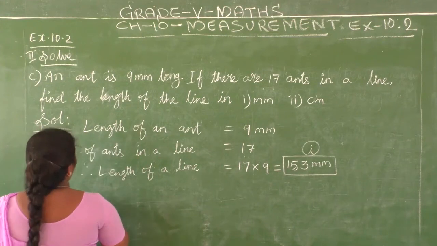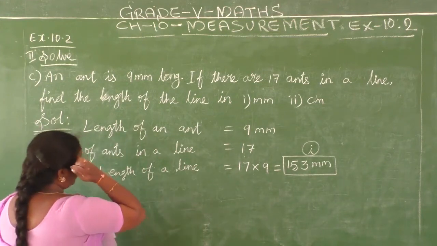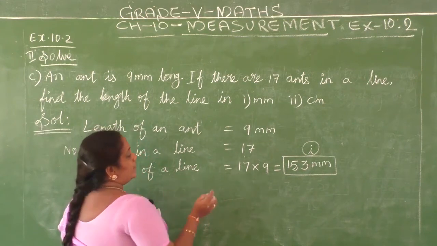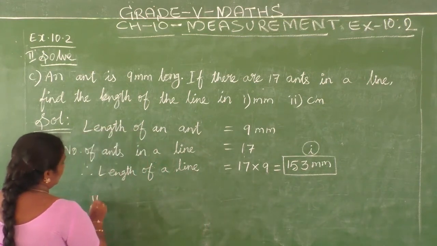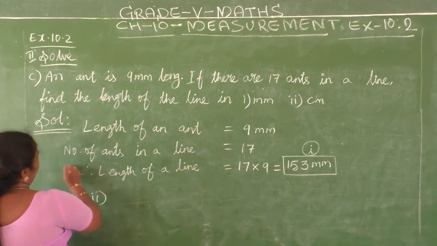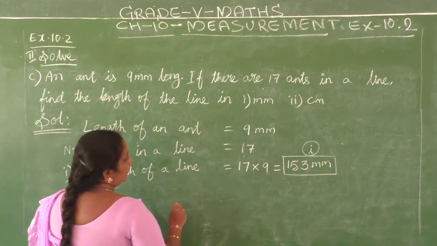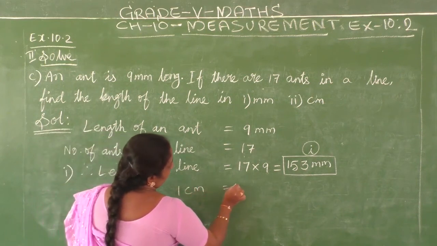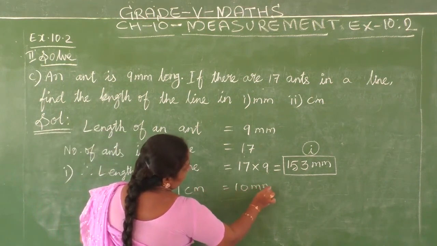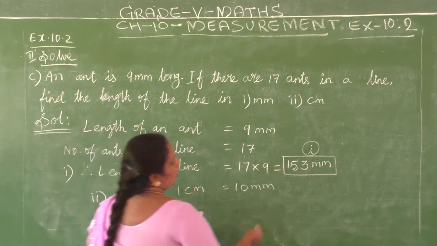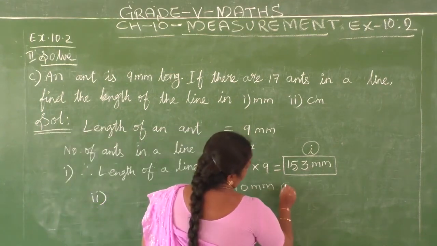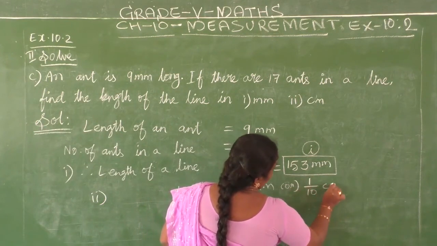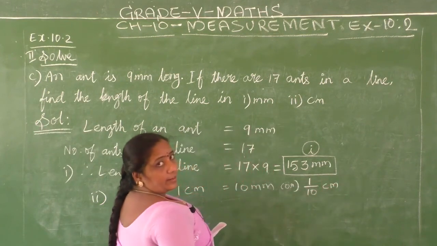Then the second question, what are they asking? We have to find the answer in centimeter. So how many millimeter for 1 centimeter? 1 centimeter is equal to 10 millimeter. Is it or not? So how can we write? Otherwise we can write 1 by 10 centimeter. Is it correct or not?